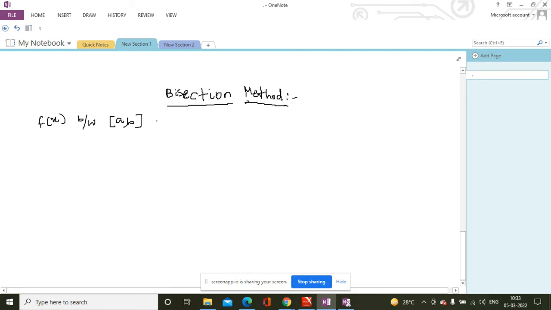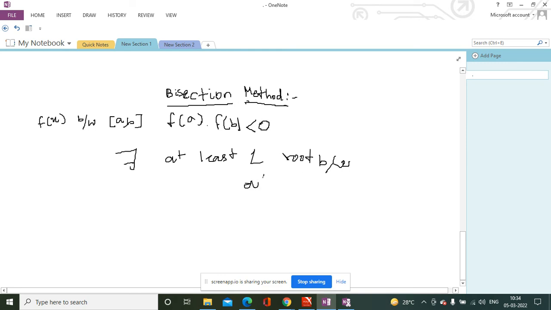Here f of x is a function that can be a polynomial equation of fourth power, fifth power, second order, third order, anything. If f of x is continuous between a and b, and f of a and f of b are of opposite sign, so f of a into f of b is less than 0, then there exists at least one root between a and b.